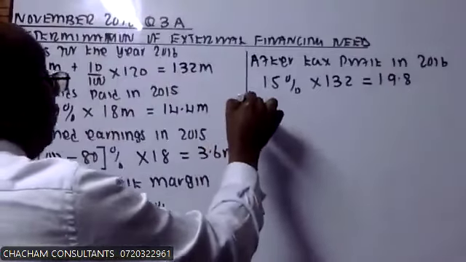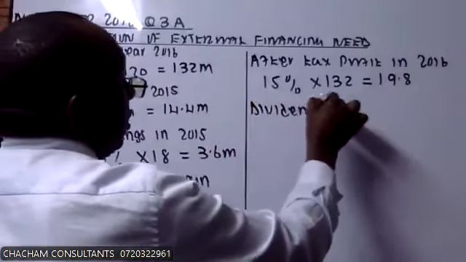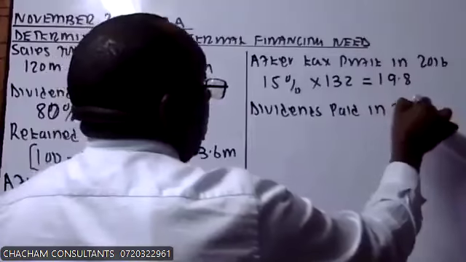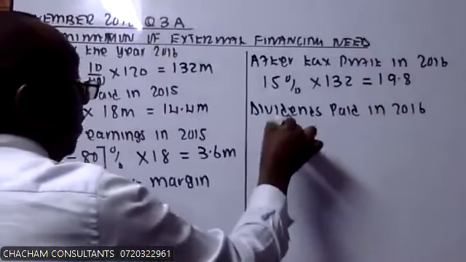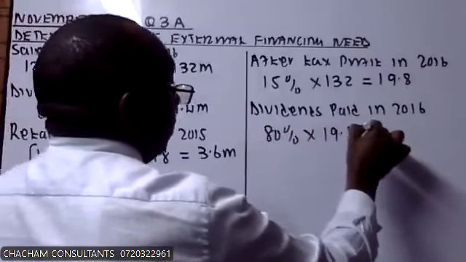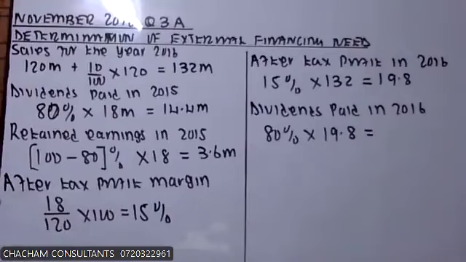So if you want to know the dividends paid in 2016, it is 80% of this 19.8, which is 15.84.